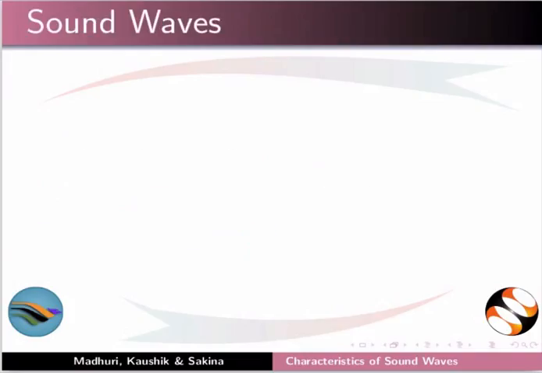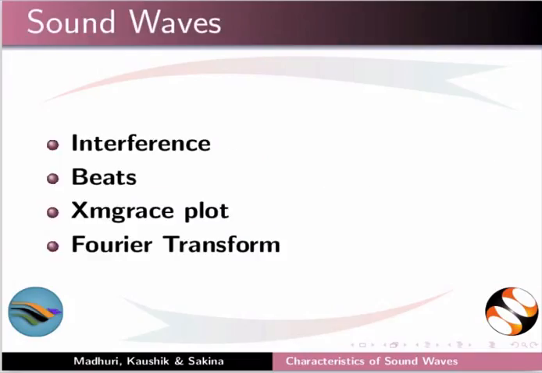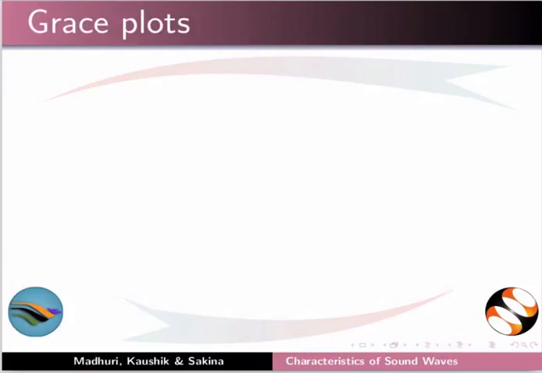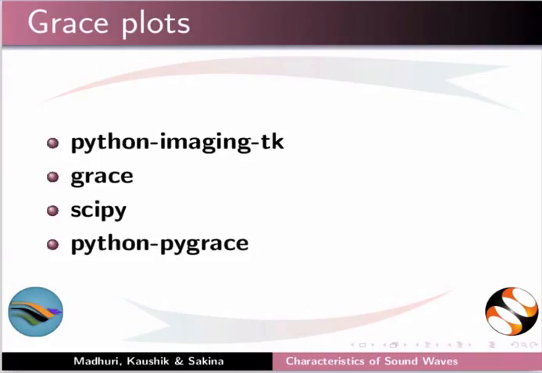Now we will demonstrate interference, beats, XM Grace plot, and Fourier transform of the two sources of sound. To show Grace plots in the experiments, make sure that you have installed Python Imaging Tk, Grace, SciPy, and Python pygrace on your system.